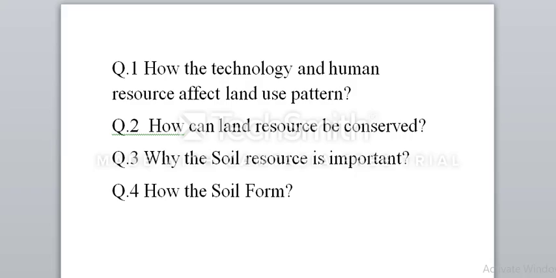You will have to write some steps on how land resources can be conserved. Third: why is the soil resource important? What is the reason for the importance of soil resources? Clear? And fourth: how does soil form? Class, these questions are given to you so you will understand the chapter which has been explained, and it will be very useful for you.